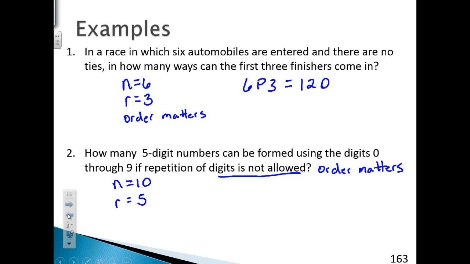R is 5, because we're choosing 5 of them. And so, we're going to do 10P5, and that's going to be 30,240. And again, you can pause the video and figure that on your calculator.